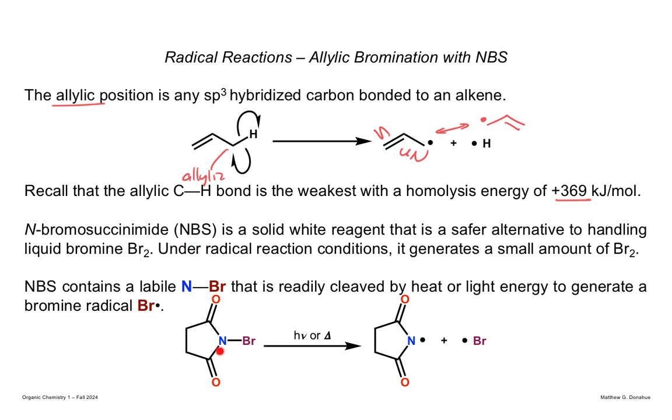So the N stands for nitrogen, the B stands for bromine, and then the rest of this stuff here is the succinimide. And so it ends in I-M-I-D-E. Notice that is an amide, and so two of those centrally bonded to something is called an imide, with an I.